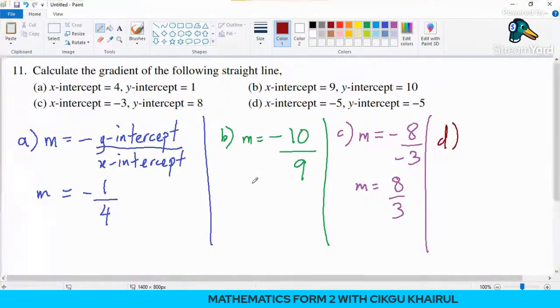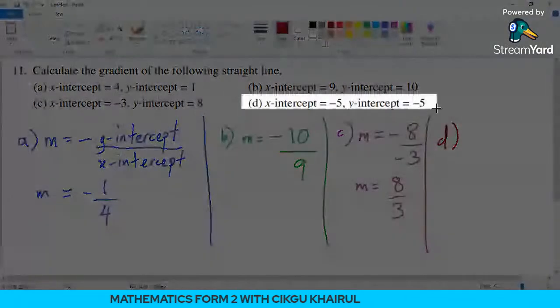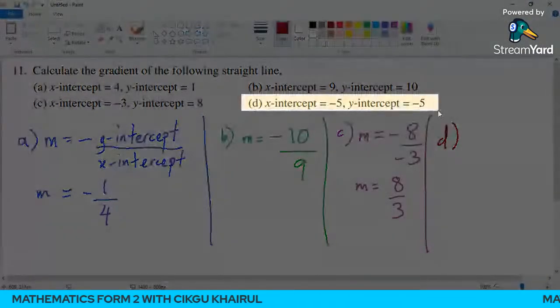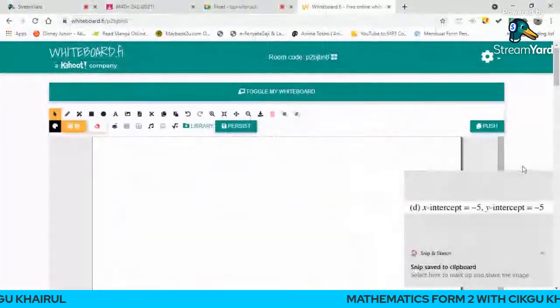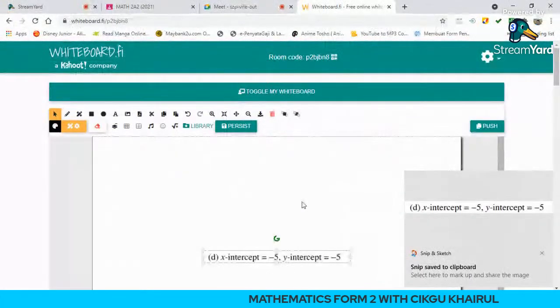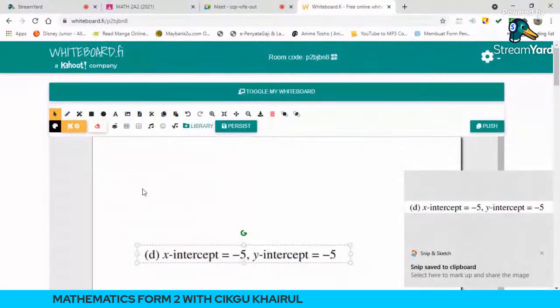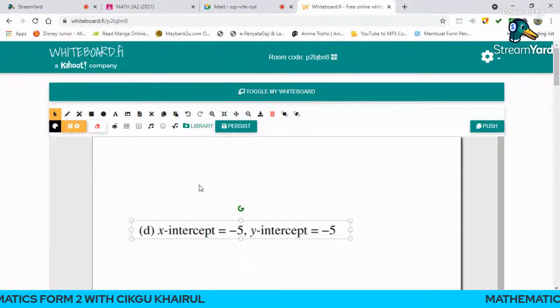Copy question D. Now we go to this whiteboard. Paste. Let me make it bigger. Put here.